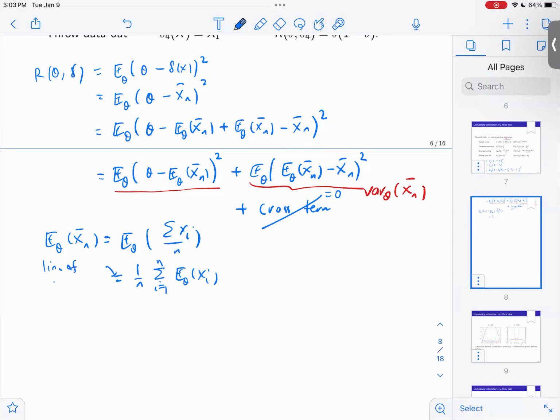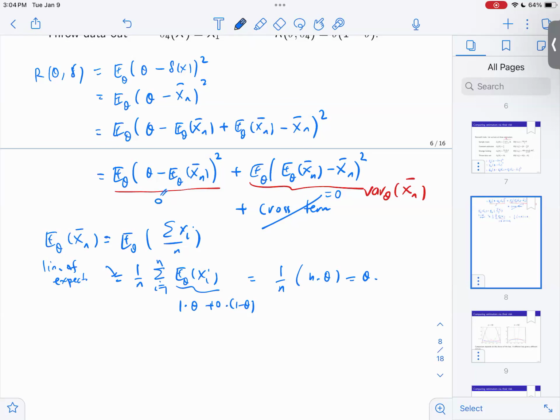The individual ones are Bernoulli, so the expectation is 1 times the probability that it's 1, which is theta, plus 0 times the probability that it's 0, which is 1 minus theta. This is just theta. So you get 1 over n times n times theta, which is theta. So that term is 0.